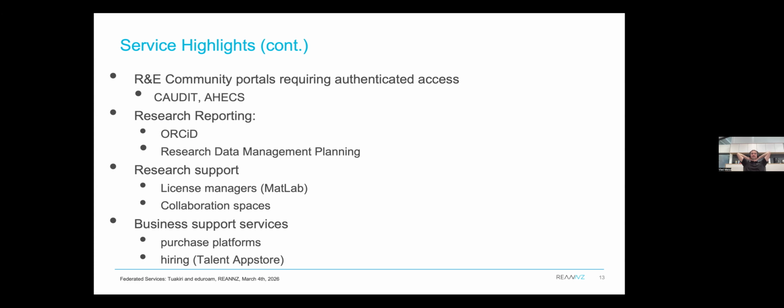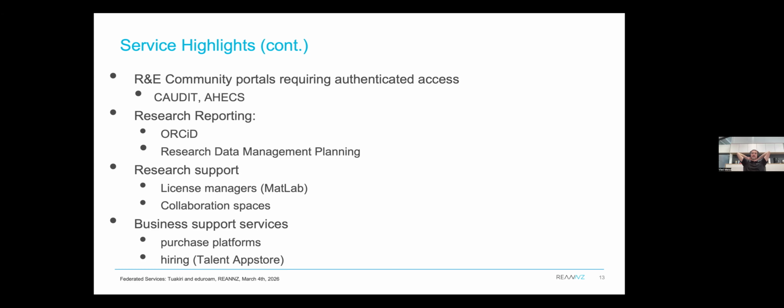There are various tools for research data management planning, various license managers. For example, MATLAB runs a license server where an institutional subscription, when it's used for handing out individual licenses, uses federated login via eduGAIN.